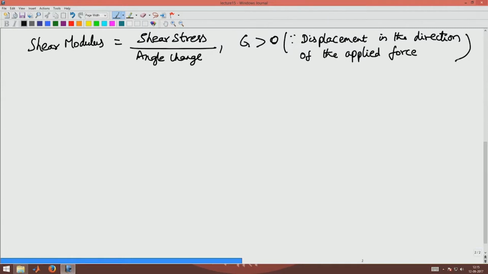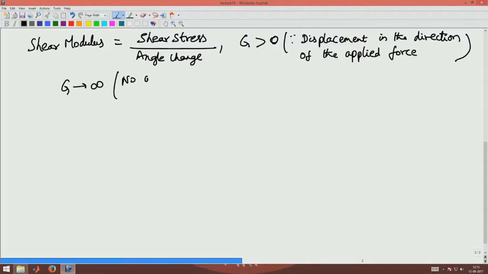Again shear modulus tending to infinity means there is no angle change despite there being a shear stress applied.